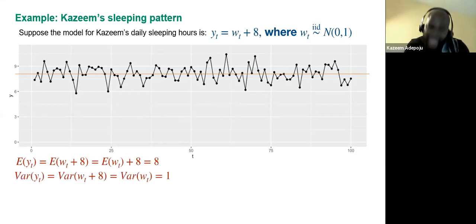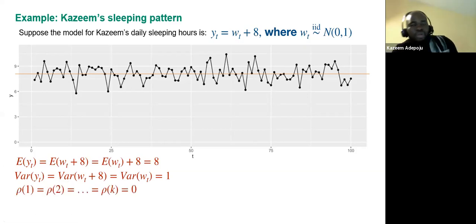So the variance of that, this is the way I'm going to go. The variance of a constant is going to be 0. So I'm going to be talking about the variance of the white noise, and the variance of the white noise is equal to 1, because we have already specified the distribution right here.